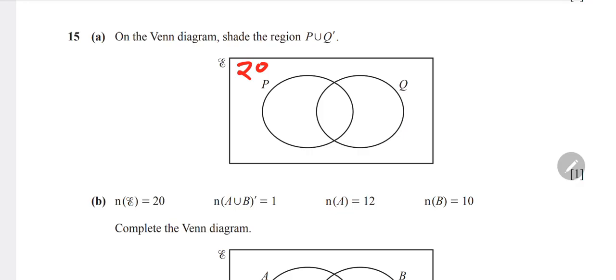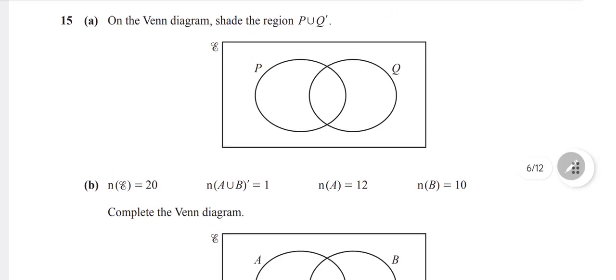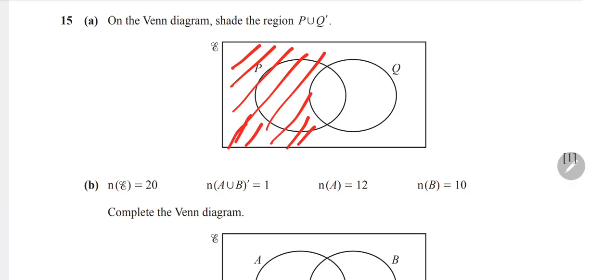On the Venn diagram, shade the region. Shade the region P union Q dash, which means we avoid this portion and we use all the rest of the portion. It means we just try to shade this entire portion. For this, if you have a problem, please comment.